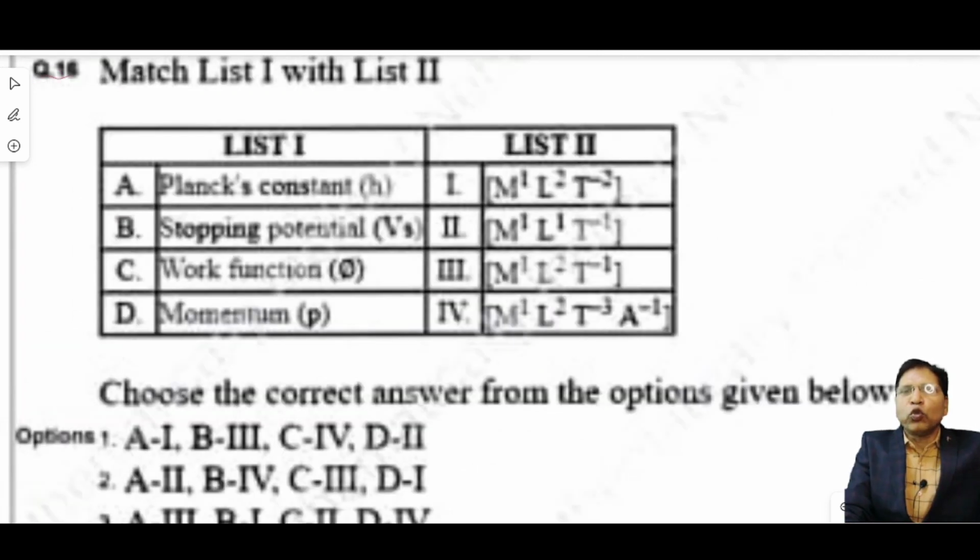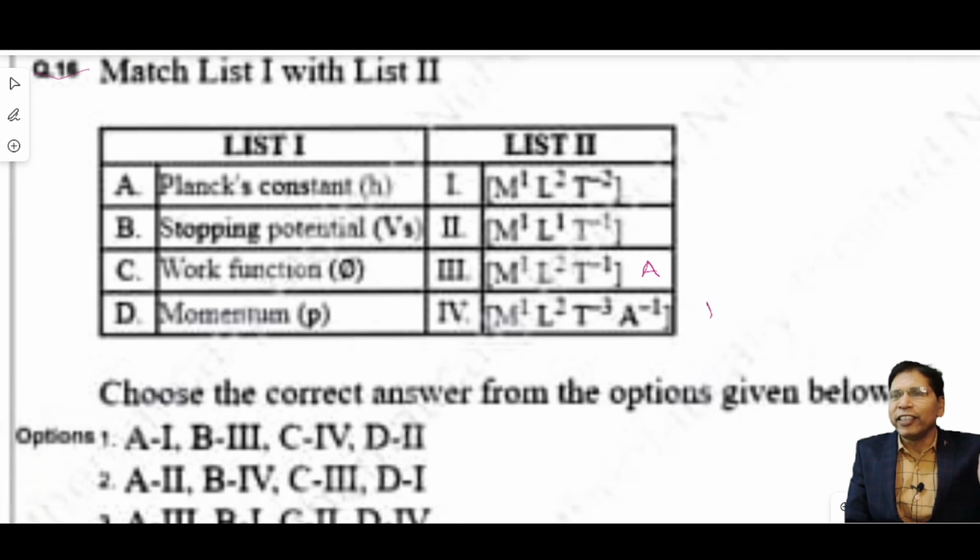Now question number 16. There is a matching type question, list 1 and list 2. Now Planck's constant. The dimension of Planck's constant is ML squared T minus 1. So this is A. Stopping potential. That is the potential difference, work done by charge.